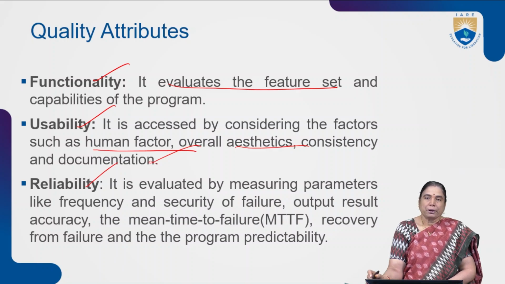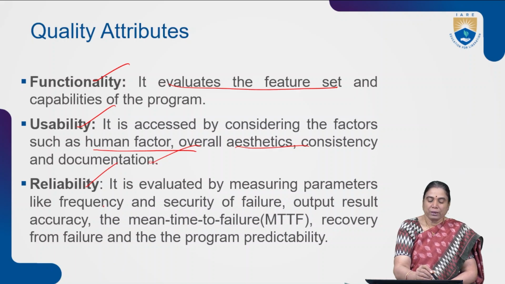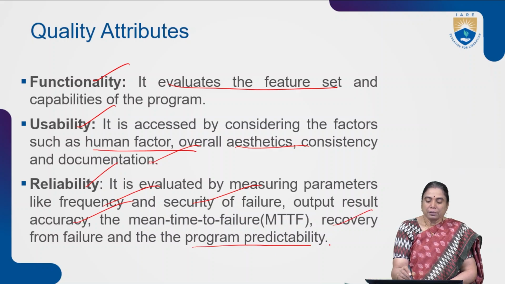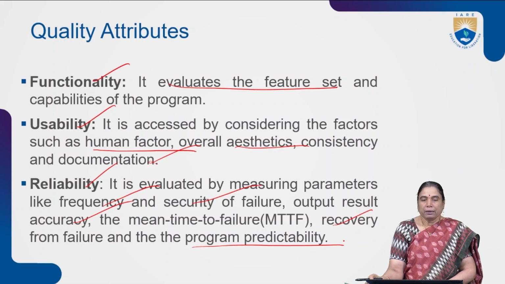Next quality attribute is reliability. It is evaluated by measuring parameters like frequency and severity of failure, output result accuracy, the mean time to failure, the recovery from failure, and the program predictability. So here the reliability is the ability of the project to withstand a failure.